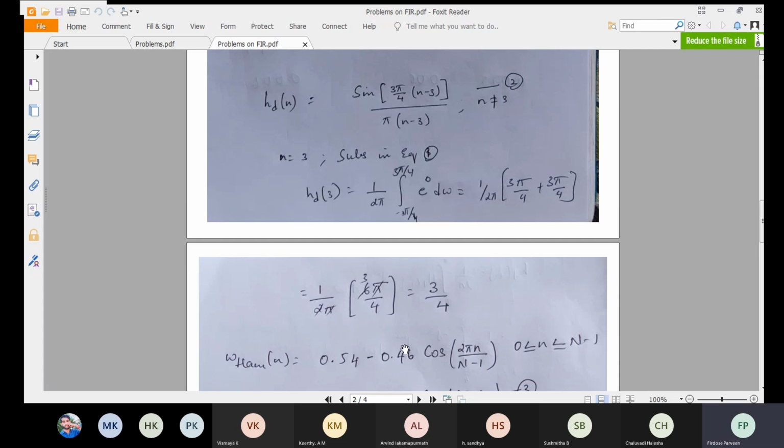Got? Keep it in radians and calculate and tell me the answers.